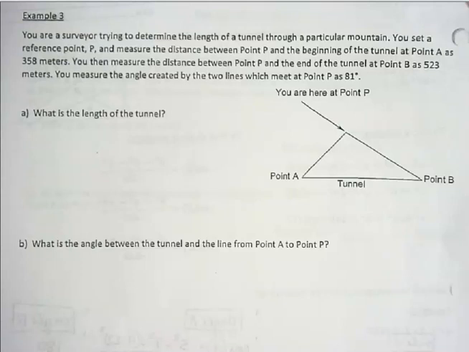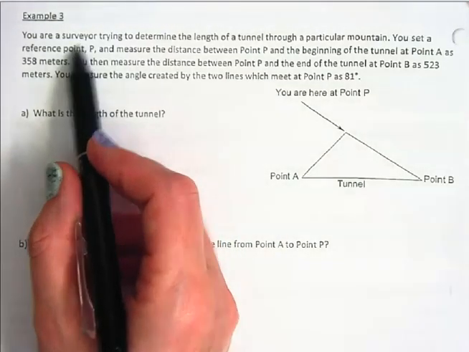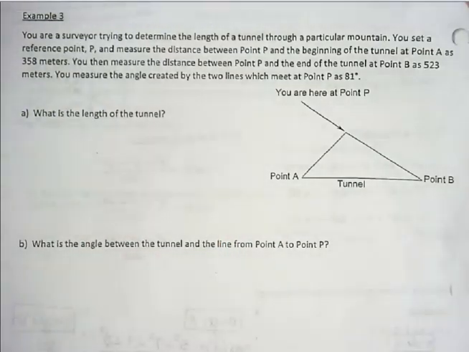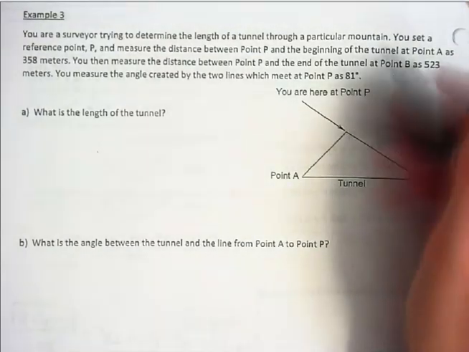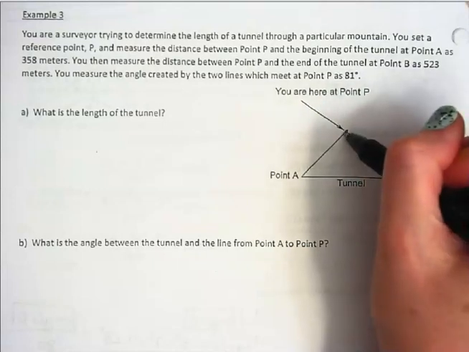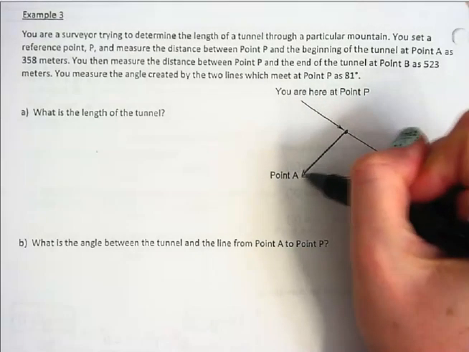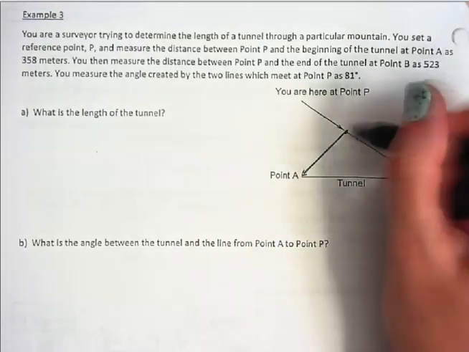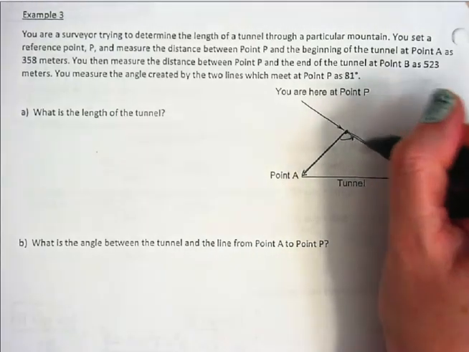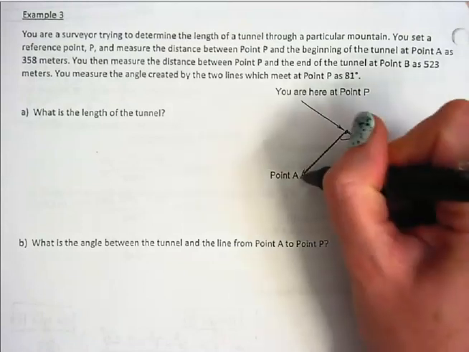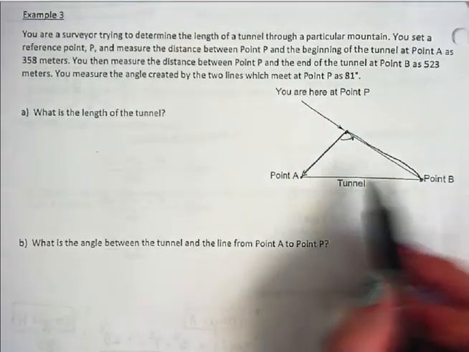Okay, in this problem we have a surveyor. You may have seen these people standing on the side of the road. They'll have tall equipment that they're looking through and sort of angling left to right, and what they're doing is finding measurements. And so this surveyor is standing here looking at the front of a tunnel, so they're getting a measurement here with their equipment, and then they're rotating this way to get this measurement, and they're going to use those to find the length of this tunnel right here.